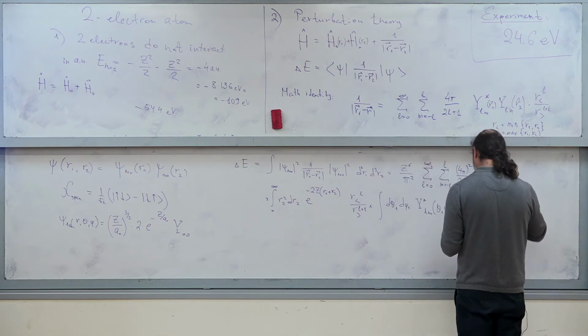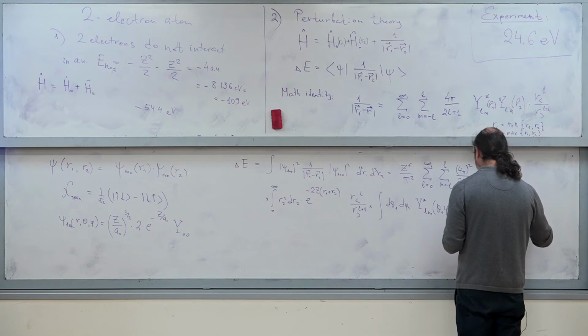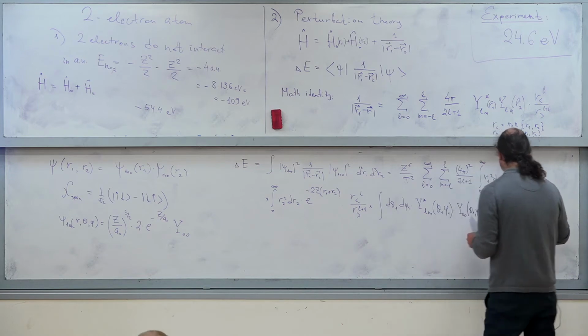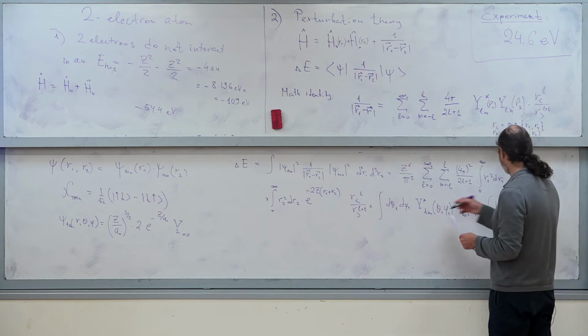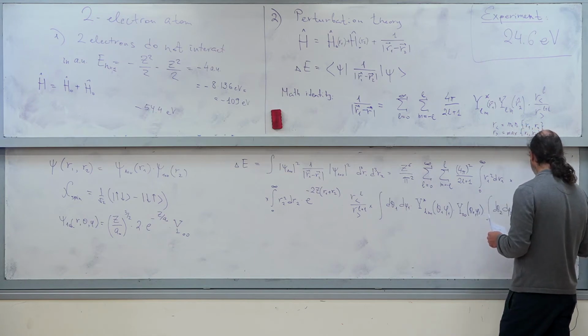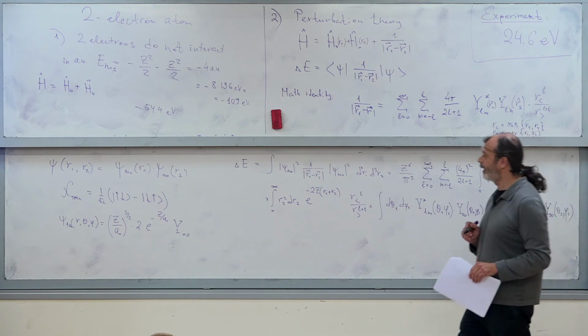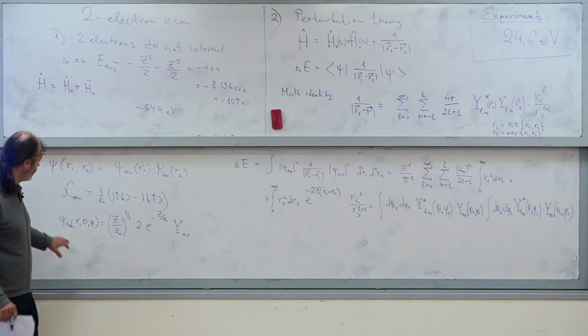There is a second integral over theta and phi, d theta 2 d phi 2, of the spherical harmonics Y_LM of theta 2 phi 2 complex conjugate, multiplied by the spherical harmonics Y_00. That's the spherical harmonics that's come from the second integral, so the second wave function.